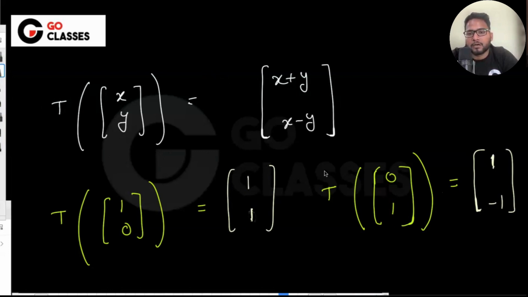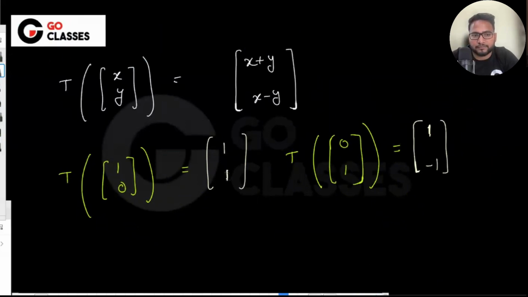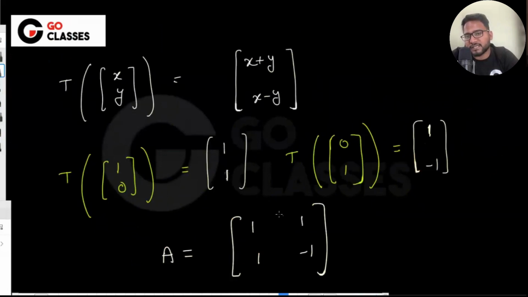Okay. Now, the matrix that we found in the previous example was something like this. See, the matrix we found was (1, 1) and (1, minus 1), right? This column (1, 1) is the same as the transformation of the first basis vector, and (1, minus 1) is the same as the transformation of the second basis vector.